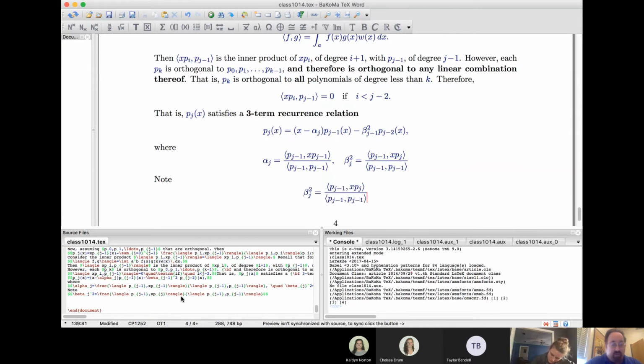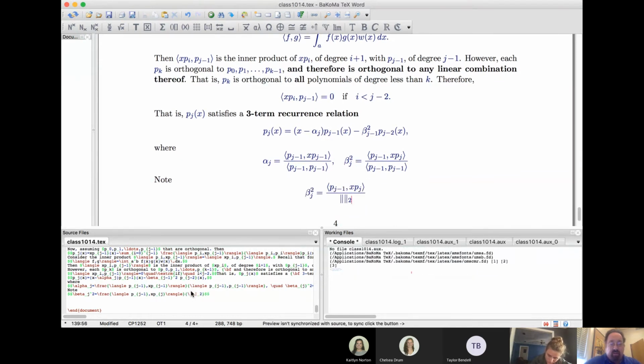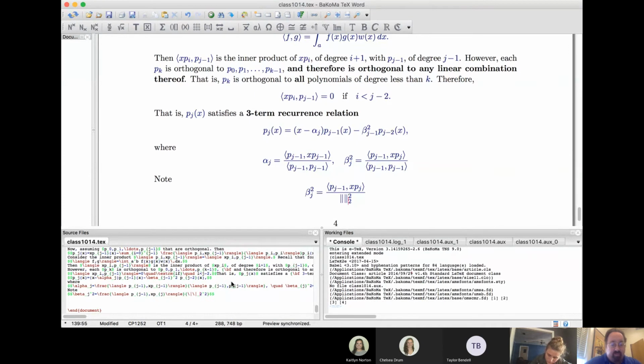All right. Well, first, I'm going to rewrite the denominator, because it's an inner product of something with itself, as the 2 norm squared of that something.